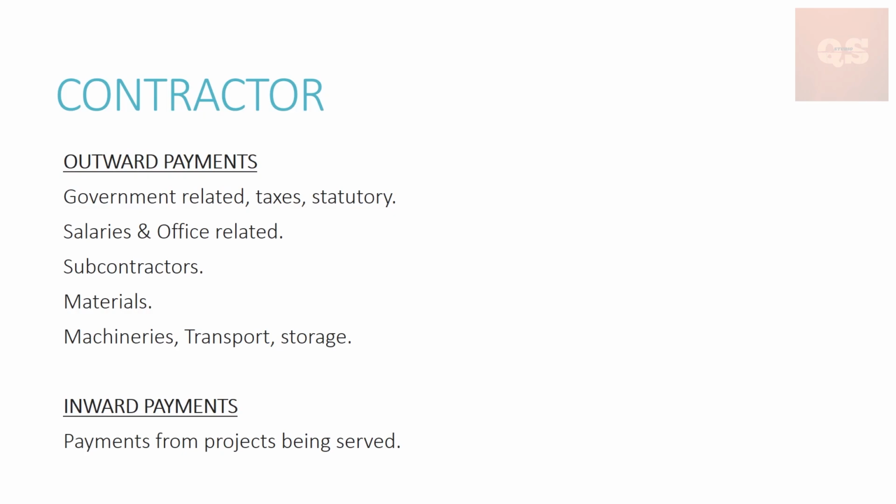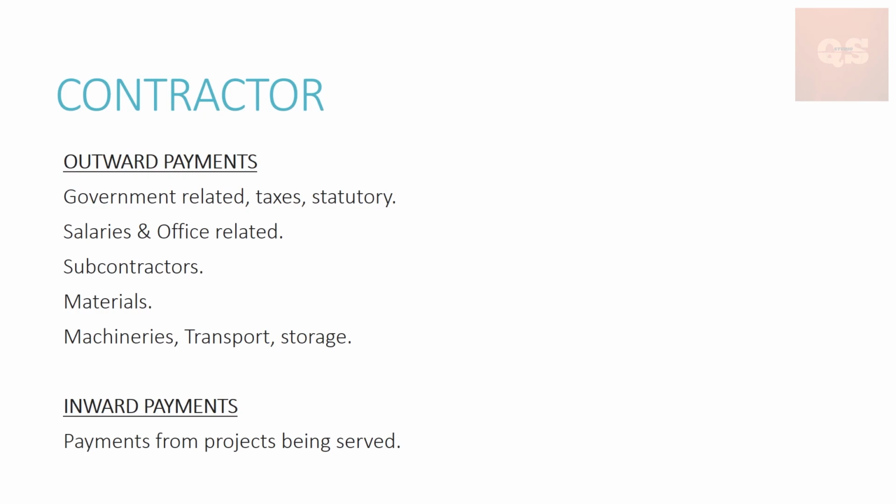Now the inward payment again will be the project that they're being served. They might get awarded a huge project. That particular project will be fetching them the revenue, and whatever is being serviced to get that project done is going to be their outward payments. All the employees working for that project, the site office, sometimes the site office is built for that project, and for the consultant side also the contractor will be building.